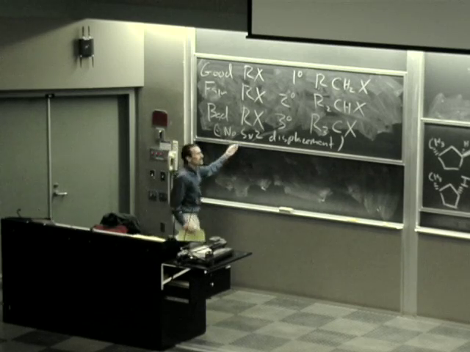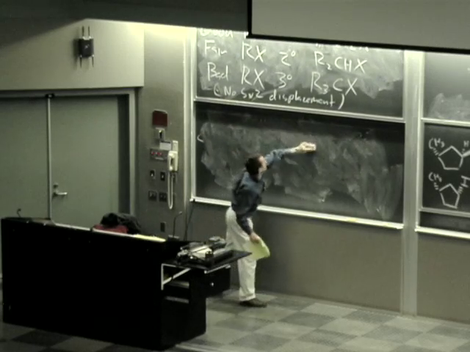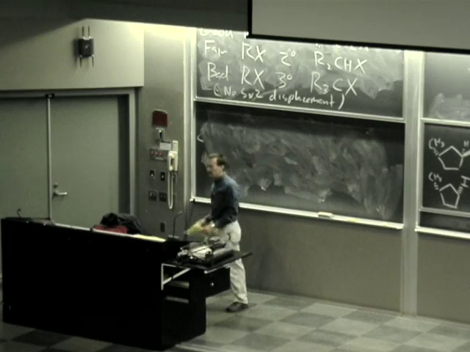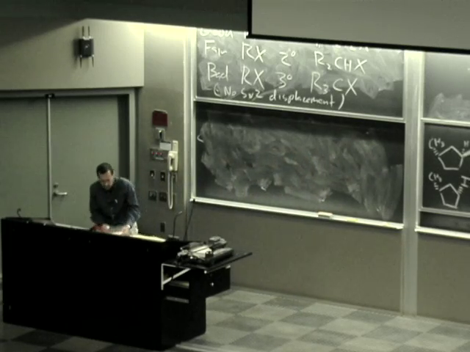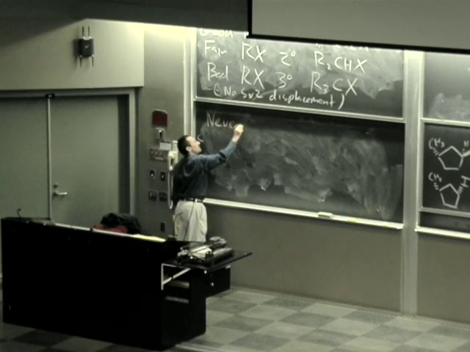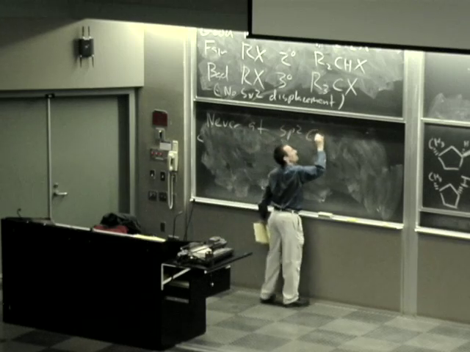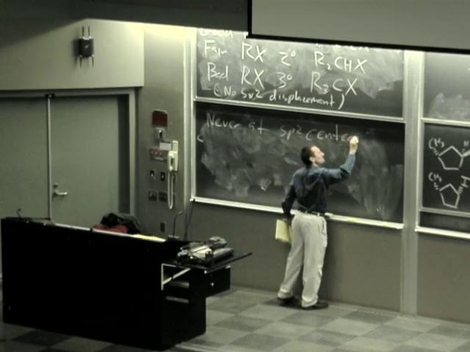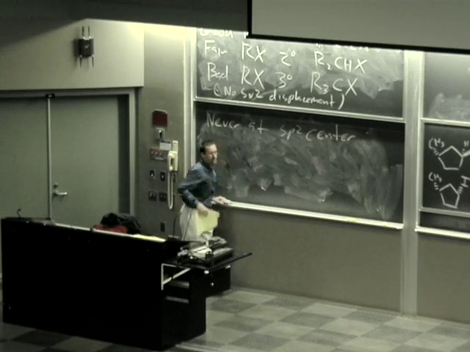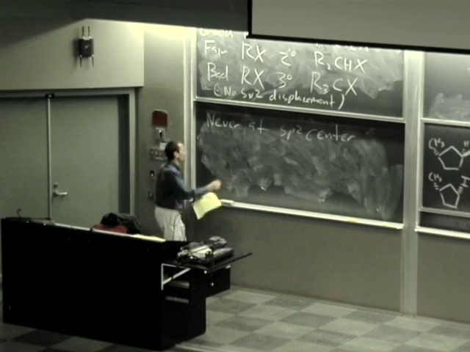Now remember how we talked about anatomy of alkyl halides last lecture, and I really wanted us to spend a little time so we could see one thing from another. Let's come back to this, and I'm going to write it out explicitly, never at an sp2 center, just because there's such a myriad of compounds and myriad of reactivities that we see that it's easy for people to get confused.